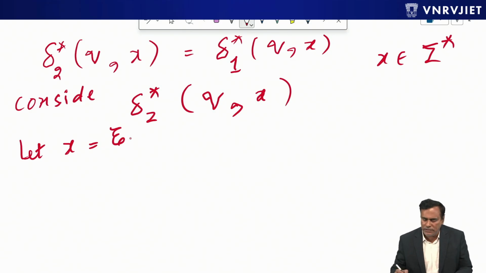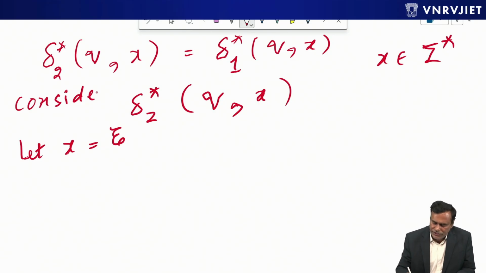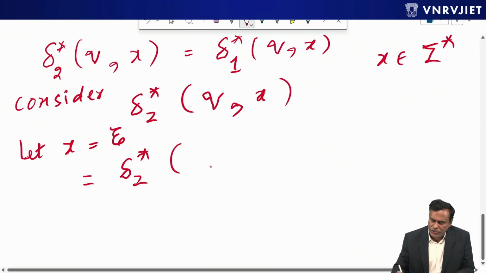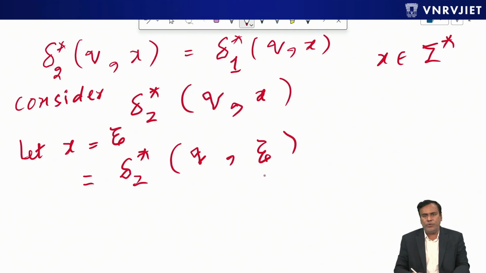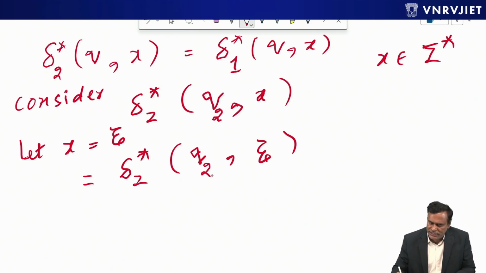Then this equation can be rewritten as delta 2 star of Q epsilon. And delta 2 is the transition function of the DFA, for which I have taken the start state as Q2. So let me take this as Q2.